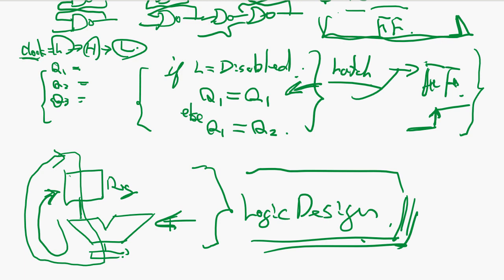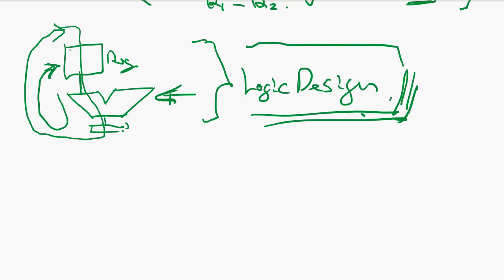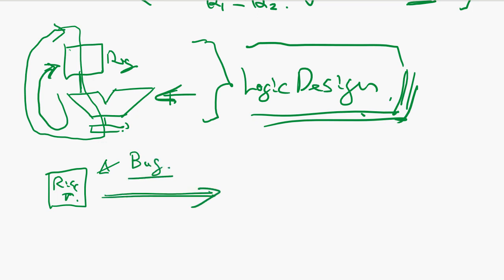Okay, so now after the chip is made, a very important thing is, we created a chip, say RISC-V. Does it really work? Any bug? How do you check? This is a big subject. How do you test a chip?